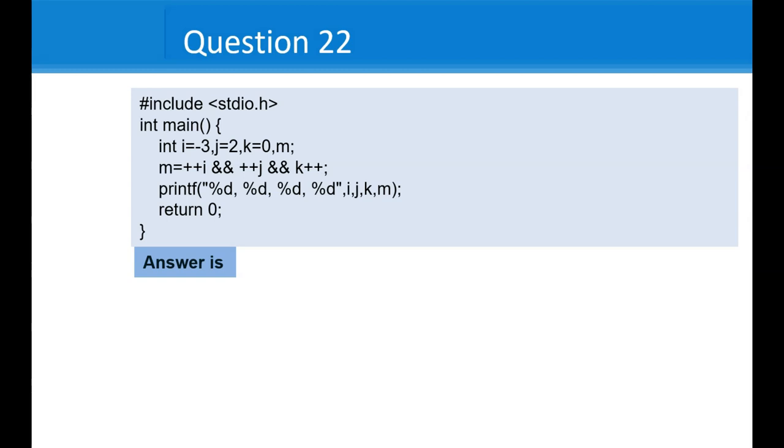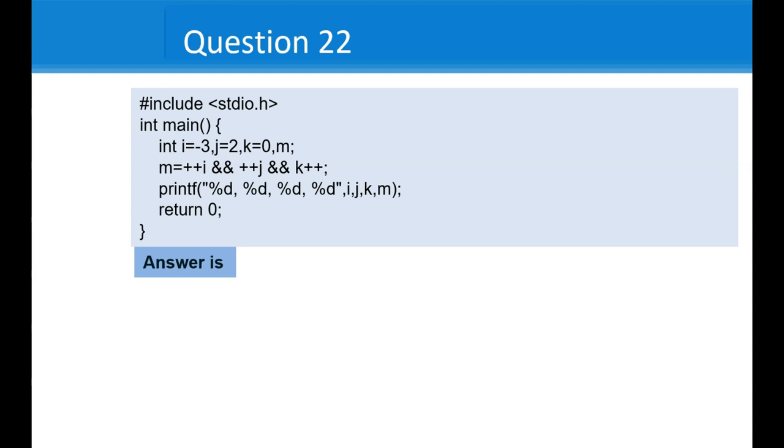Slight change here. The i value is -2 because there is a ++i. The j value is ++j, so it is 3. The k value is k++. So for that particular statement, when it evaluates, the value of k will remain 0 and in the next statement it will be 1.